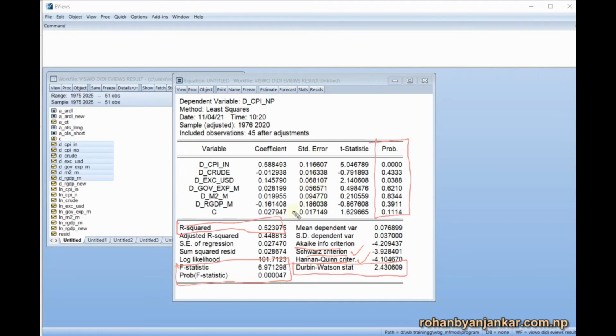So now let's move towards the R square. R square is 0.52.